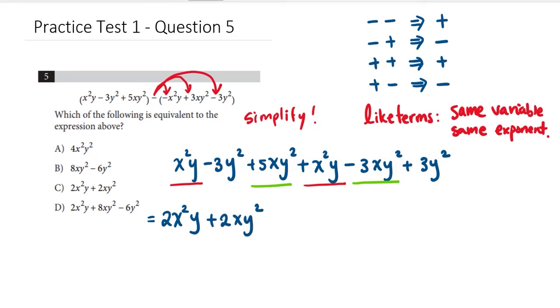The last one is y squared, and the coefficients are negative 3 and positive 3. That will be 0, so nothing is added after these two terms. So the answer would be C, 2x squared y plus 2xy squared.